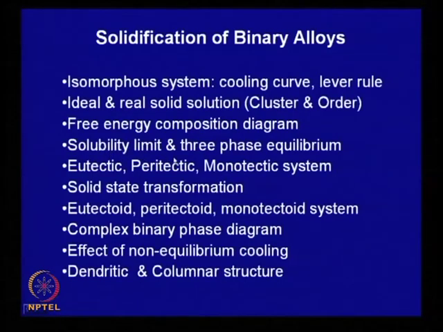In those cases, there will be a situation where three phases can coexist, and we looked at two particular cases, Eutectic and Peritectic systems, and we looked at how the structure evolves in detail in Eutectic and Peritectic alloys.